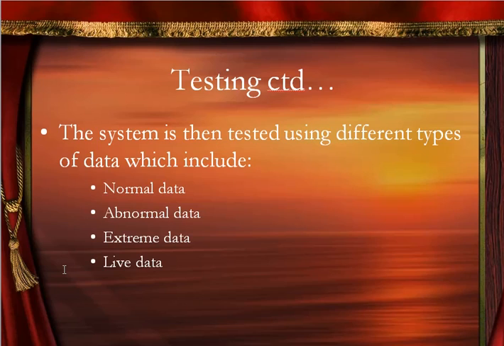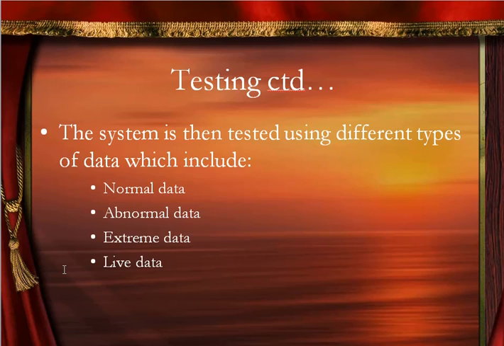Then we have extreme data. What is extreme data? Extreme data is the data at the limits of acceptability. If you look at our months of the year, we have January and December. They are at the extremes. We have numbers from 1 to 12, and anything from 1 to 12 is acceptable.